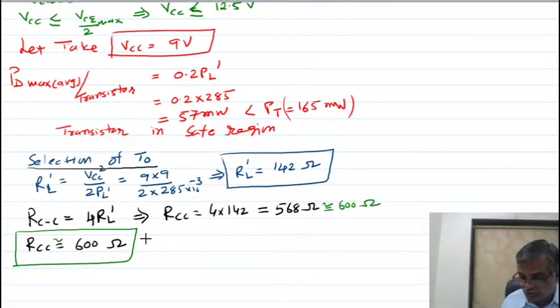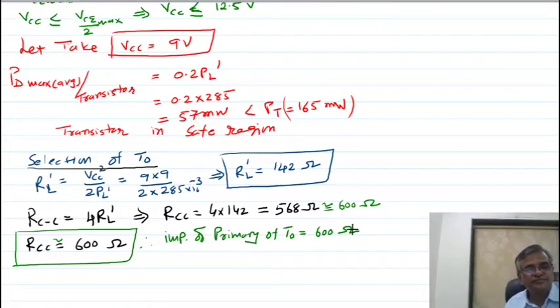So I can write the impedance of the primary of the output transformer should be of the order of 600 ohm. I will select the output transformer like this.